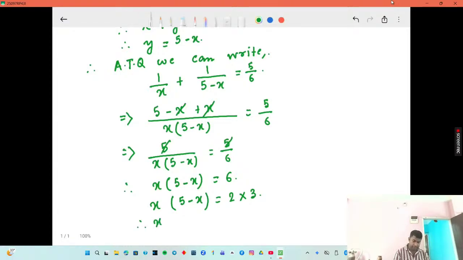Therefore, x is equal to 2 and 5 minus x is equal to 3. No, we cannot write this one. So I have to solve this quadratic equation to find the value of x. So now, how can I solve this equation?